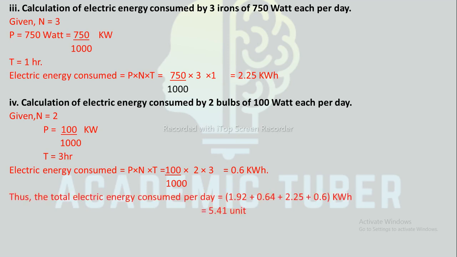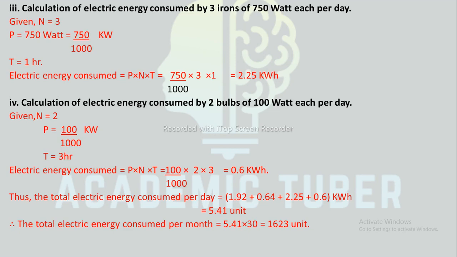And the total electrical energy consumed per day equals 1.92 plus 0.64 plus 2.25 plus 0.6, which equals 5.41 kilowatt hour or 5.41 units. Now we have calculated the electrical energy consumed per day, so we have to calculate it per month.